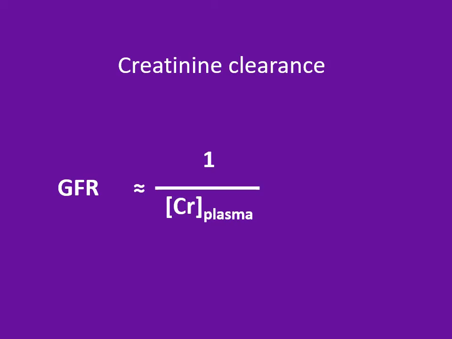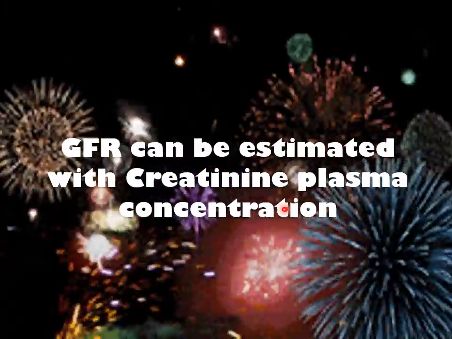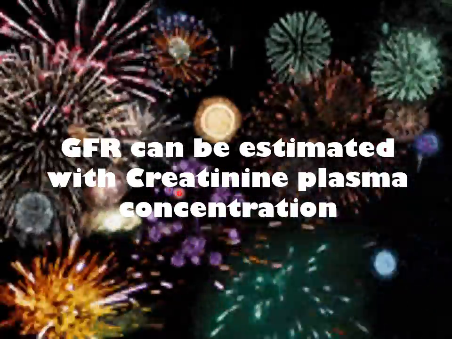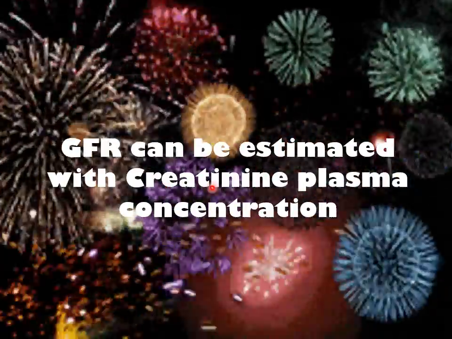But look at this interesting point that is very useful in a shock room, where we don't have 24 hours to estimate creatinine clearance. If we put aside the excreted load, we will have that GFR is proportional to 1 divided by the concentration of plasma creatinine. This means that we can estimate GFR by simply looking at the creatinine plasma concentration.